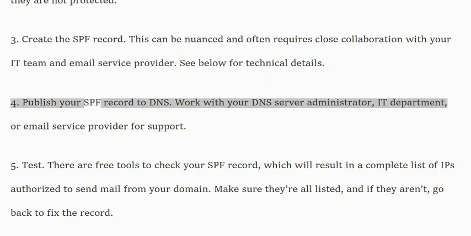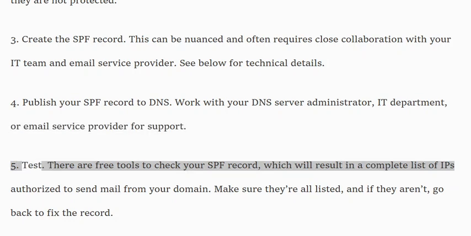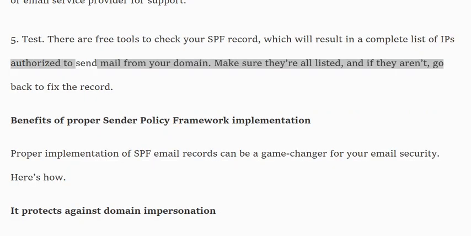Publish your SPF record to DNS. Work with your DNS server administrator, IT department, or email service provider for support. 5. Test. There are free tools to check your SPF record, which will result in a complete list of IPs authorized to send mail from your domain. Make sure they're all listed, and if they aren't, go back to fix the record.